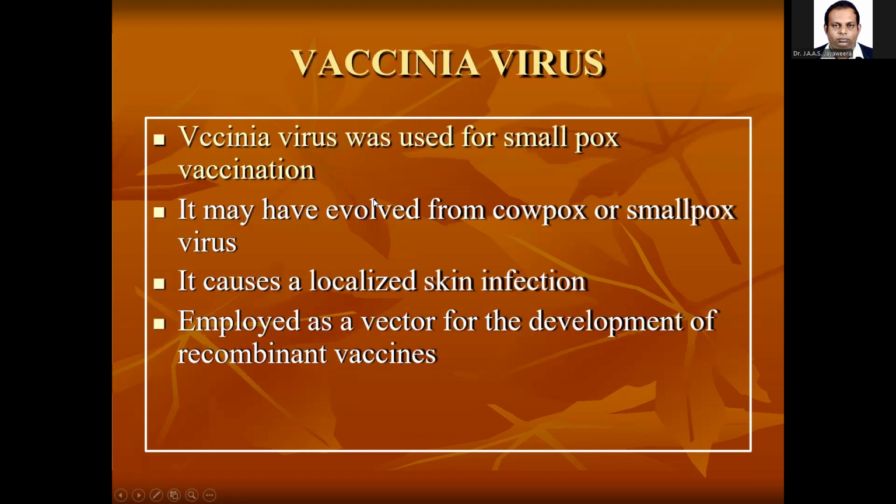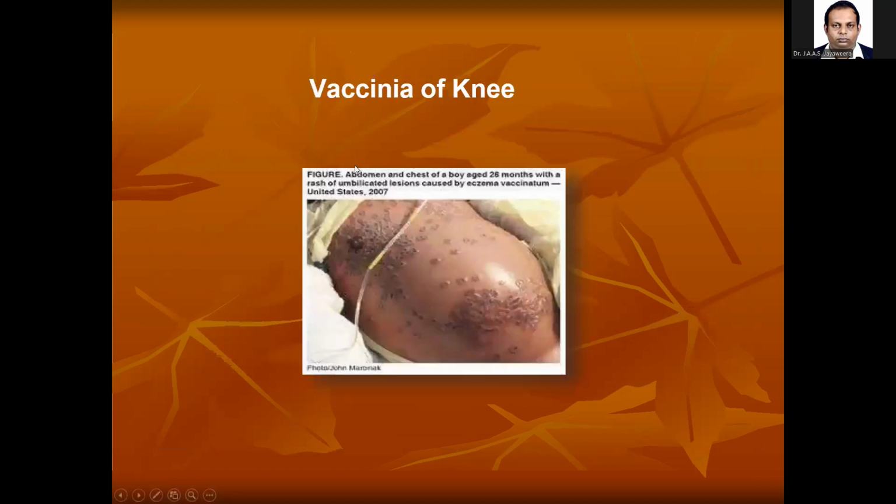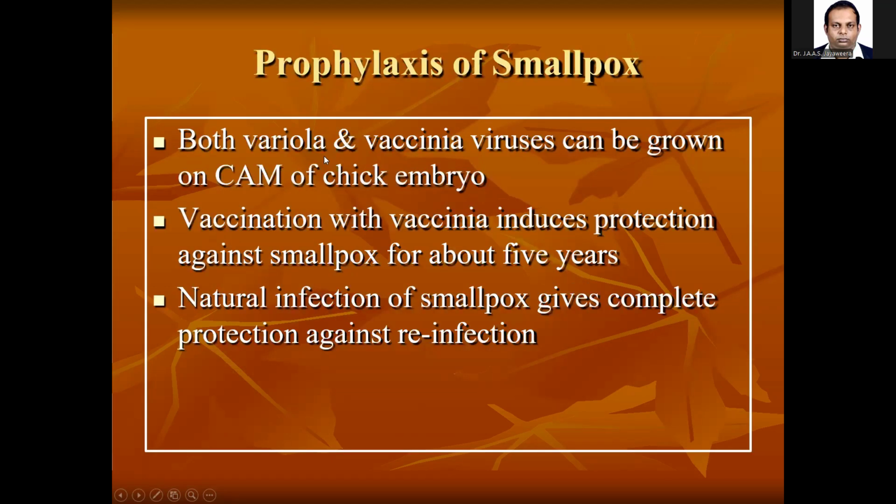This is a bit about vaccinia virus. Vaccinia virus was used for smallpox vaccination. It evolved from cowpox and smallpox virus. It causes a localized skin infection. It is employed as a vector for the development of recombinant vaccines, so it's a vaccine carrier. It also causes a minor form of disease.